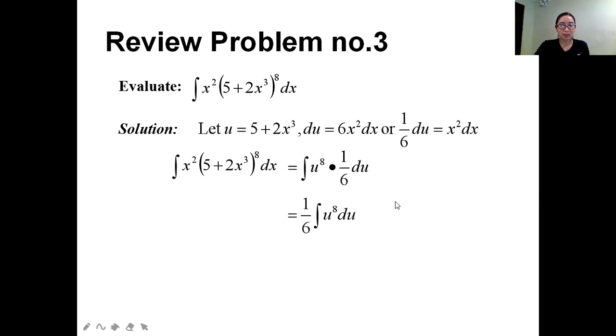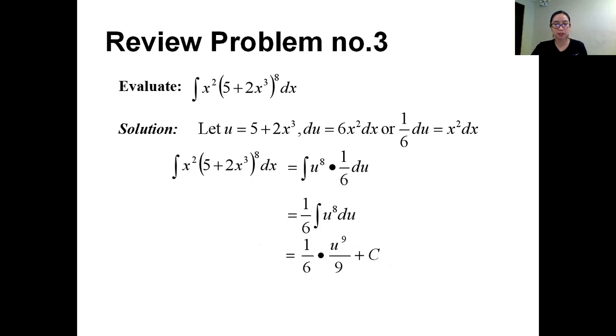So, we rewrite it as 1/6 integral of u to the power of 8 du. So, we perform the integration process. Then we have 1/6 times u to the power of 8 plus 1, which is 9, over 8 plus 1, which is 9, plus c.